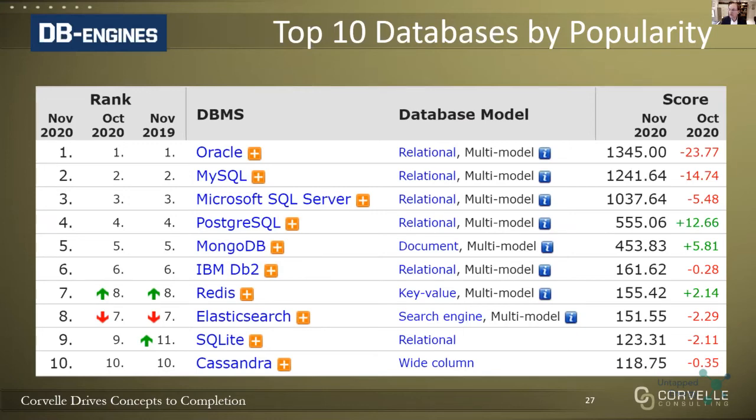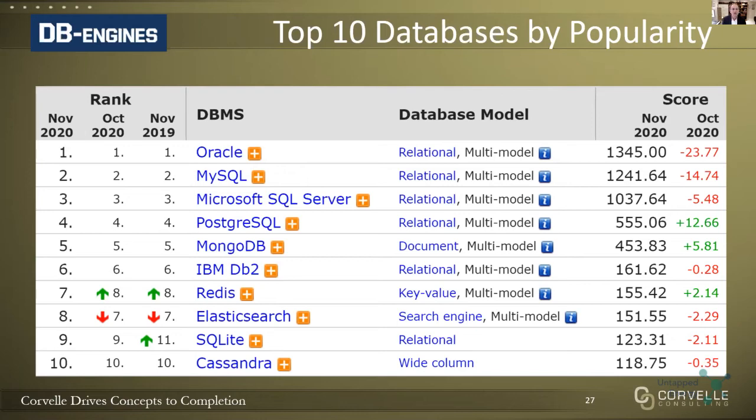No surprise, Oracle, MySQL, Microsoft SQL Server are right there at the top of the list. The top document database here is number 5, and IBM DB2 is number 6. So not surprisingly, the relational databases occur at the top of the list. They've been around for decades longer and have huge install bases.